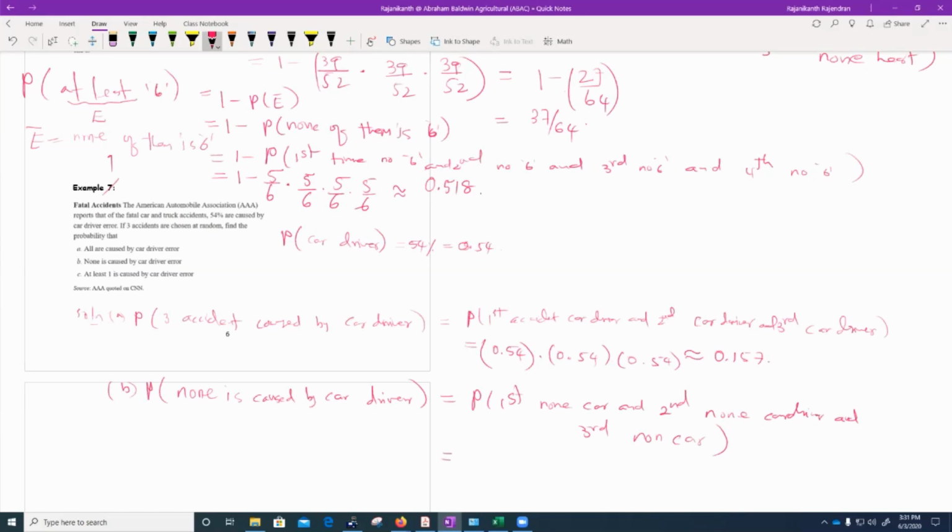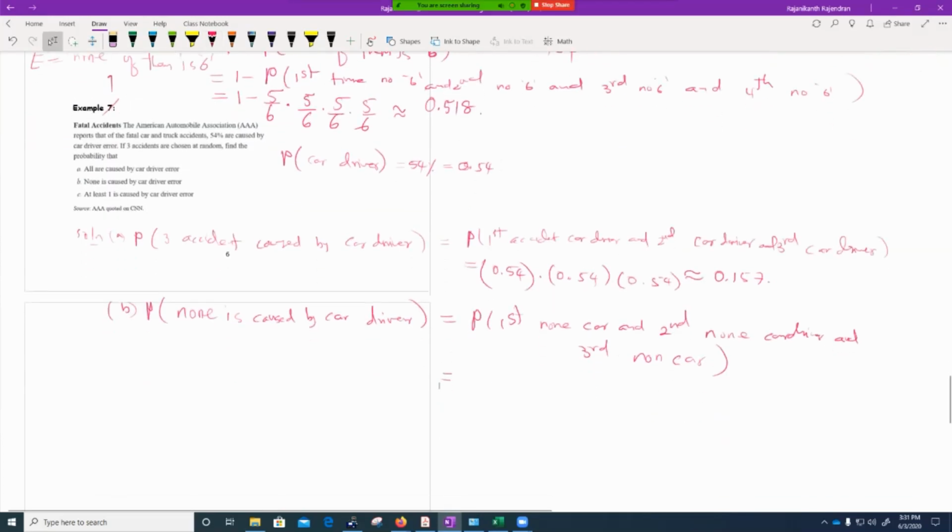Therefore, all three are again independent events. Simply multiply those three. But remember, the probability of car driver error is 0.54, meaning 54 percent. So the remaining 46 percent is caused by a non-car driver, right? That means the probability of an accident caused by a non-car driver is 0.46, the leftover from 100.